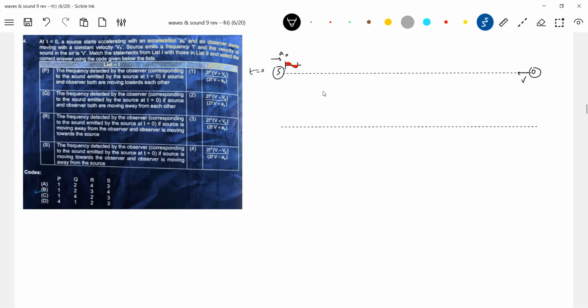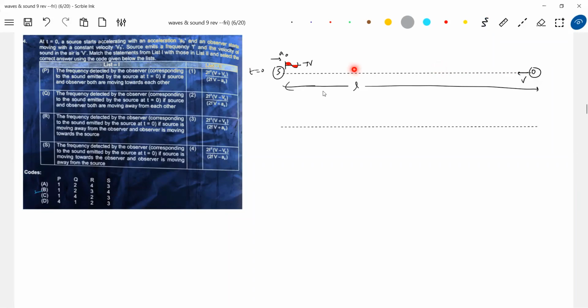Then after some time, when the pulse goes and strikes here, what is the time taken by the pulse to go and strike it? Here, the wave itself will propagate with a speed v. Then what is the relative distance, the time taken by the wave to go and strike the observer? By the time the wave propagates here, the observer will also move, no?